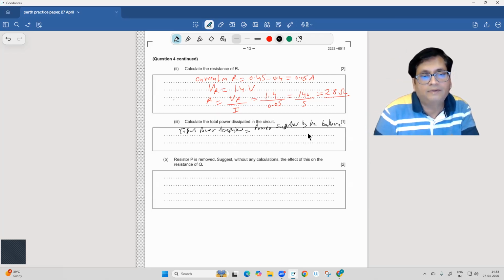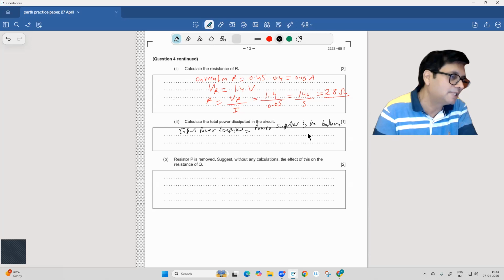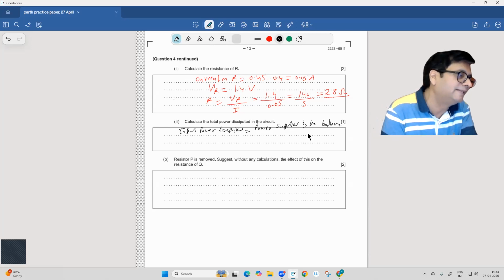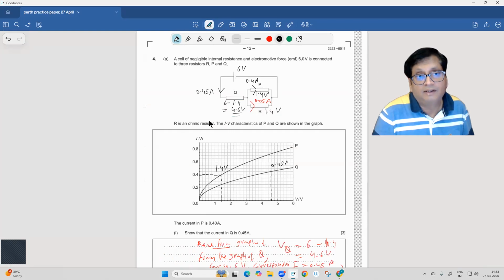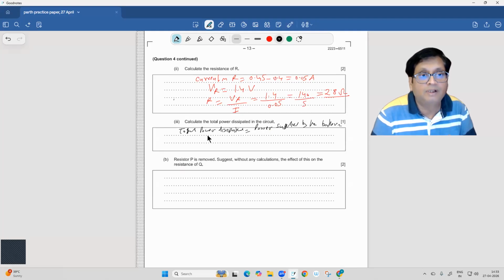If you bought a car, then how much money was spent on the car? Well, that is same as the loss in the bank balance, right? So you can find the loss in bank balance. And how much is that power? He is asking what? Total power. The power is equal to power supplied by the battery.